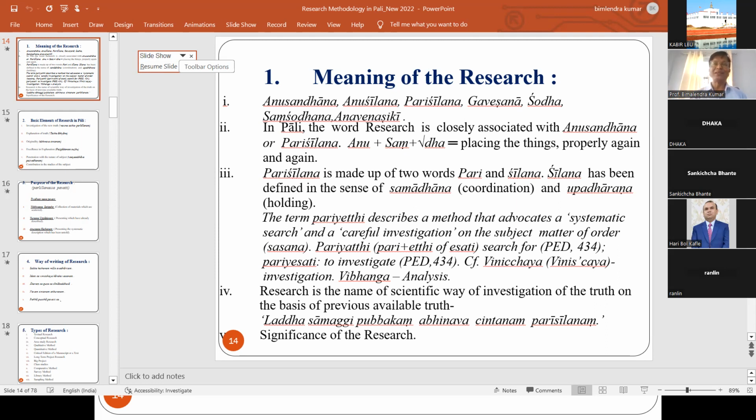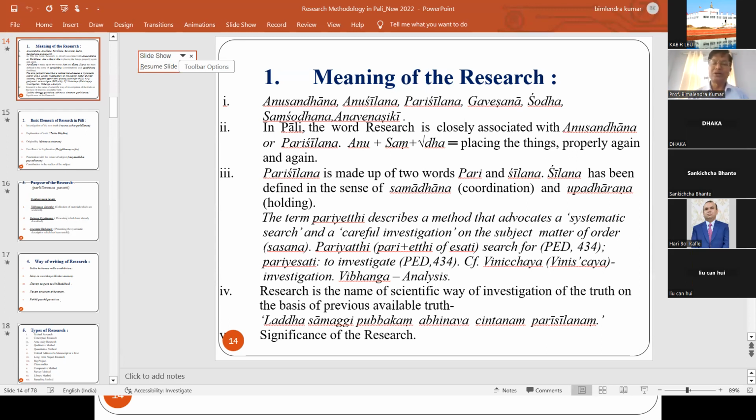Do not accept things for the sake of hearsay, or listening from somewhere, or because it has been told by our acharyas or teachers. But whatever you find in the Vinaya, Sutta or Abhidhamma, then you say that this is okay, or this is the right teaching of the Buddha.